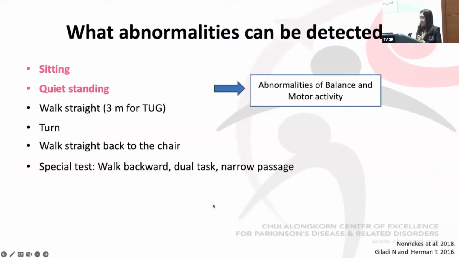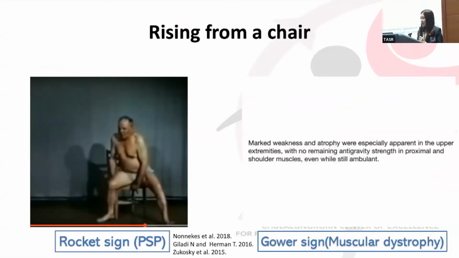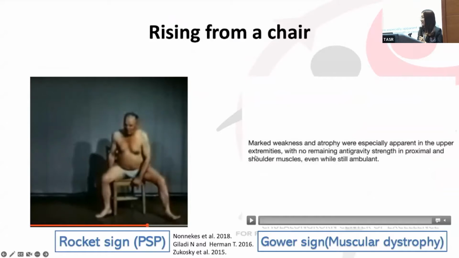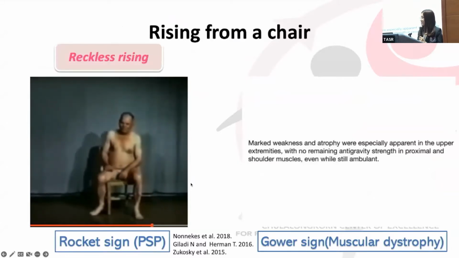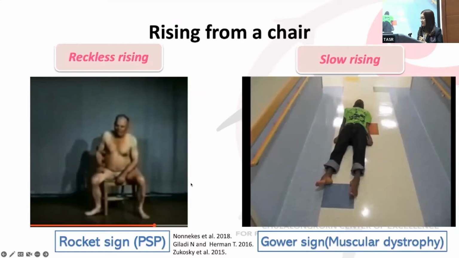So what about the other abnormalities that can be detected in these first two steps? The other abnormalities include abnormalities of balance and motor activity. When the patient rises from the chair, the abnormalities can be divided into reckless rising or slow rising.